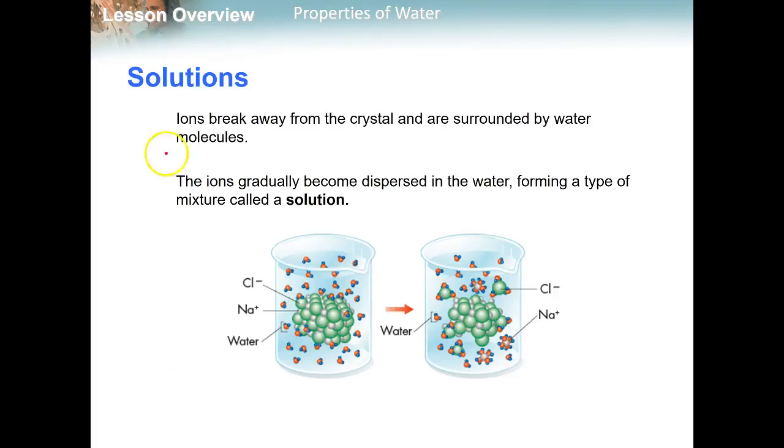So the ions gradually become dispersed in the water, and they form a type of mixture called a solution. We'll get water molecules holding as many of the sodium ions and chlorine ions as they possibly can. If we run out of water molecules to hold them, then the excess will settle on the bottom, and that'll be called a saturated solution.